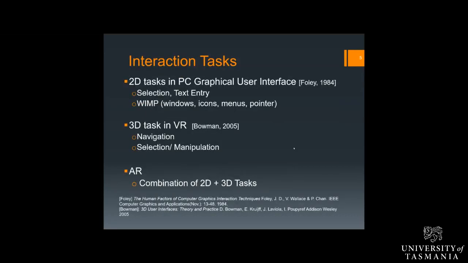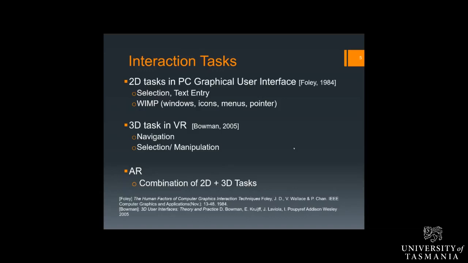So for interaction tasks, for 2D that we're familiar with on the PC, that's a GUI. That's been around for 40 years. So windows, icons, menus, pointers that we're familiar with now. And we're changing a little bit here, going to touch-based, but it's still pretty much the same thing: windows, icons, menus. And then you have 3D tasks in VR, which has come online in the last 2 decades or so.